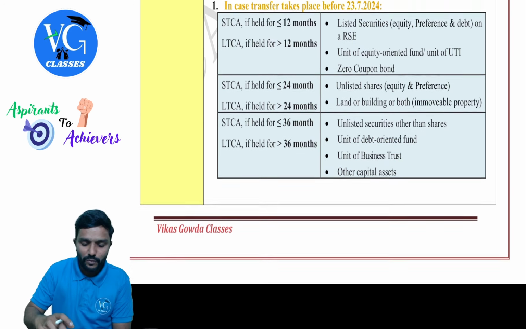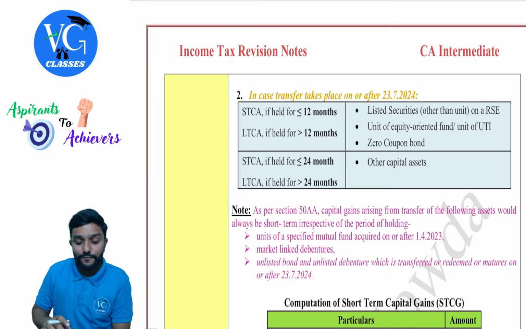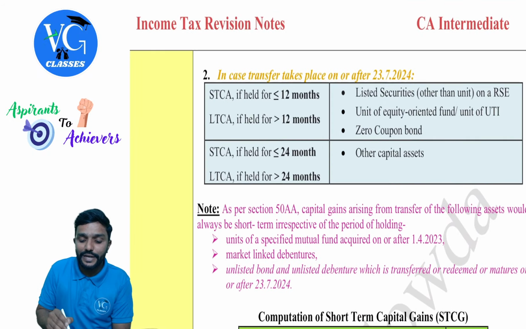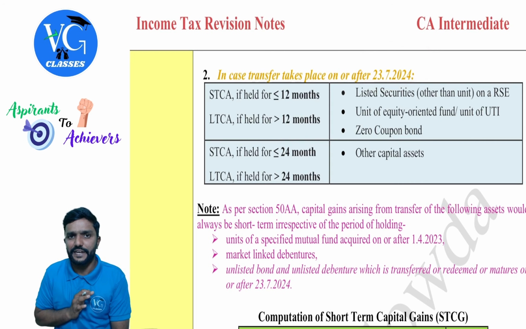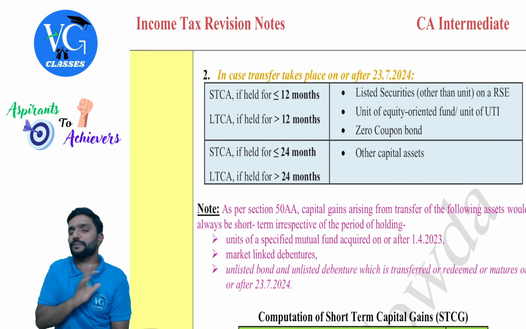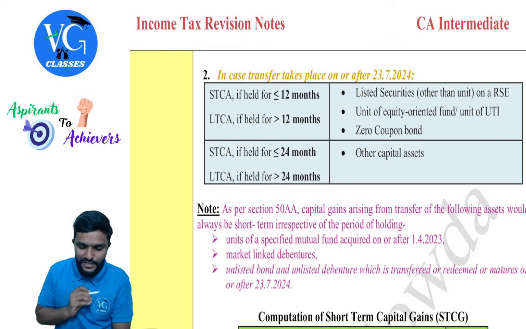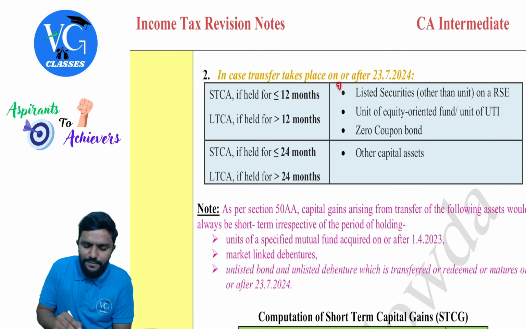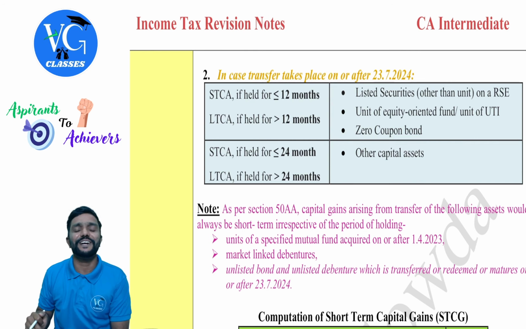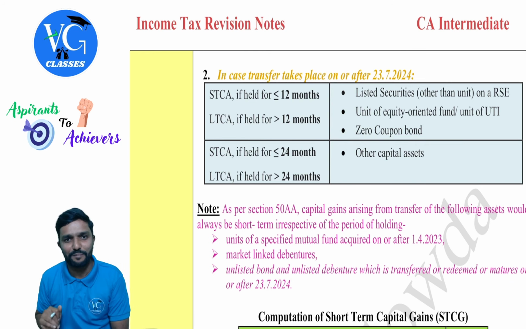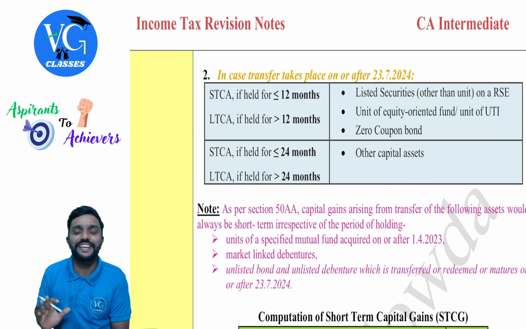Yes, sir. Sir, what if the transfer is on or after 23rd July? Then there are only two criteria here, guys: 12 months and 24 months. No 36 months. What is that, sir? So 12 months applies to the same three assets, with no change, whereas all the rest of the assets fall under 24 months, guys. Very easy to remember. So madam actually made it easier. 36 months has been removed.